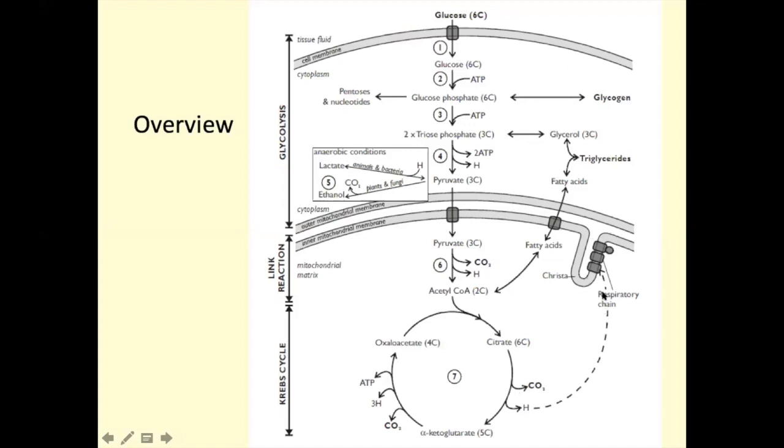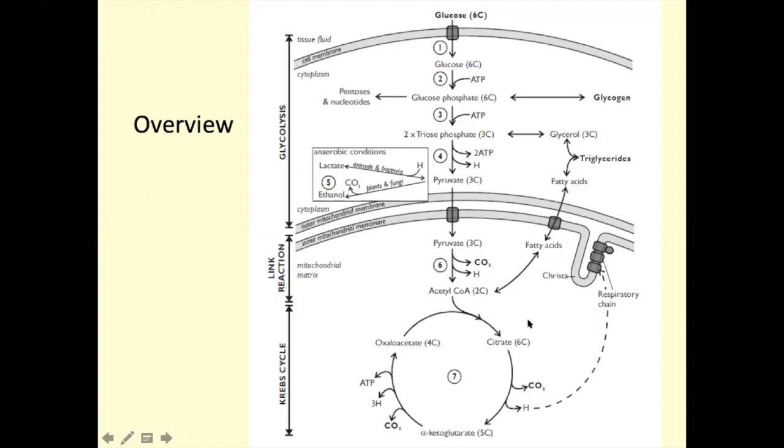All of this process of many reactions is just there to make ATP. We're not even going to talk about how the ATP is used. It's just how glucose is used to make ATP. That's what this series of lessons is about.